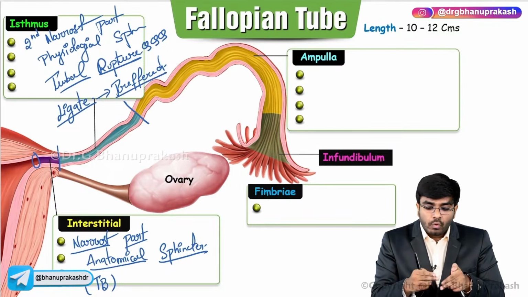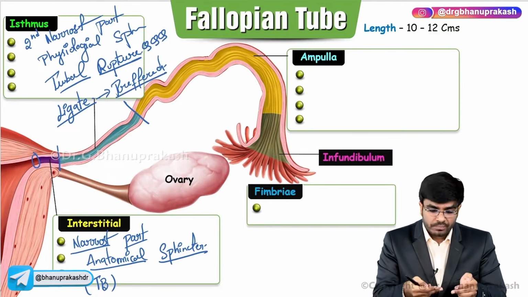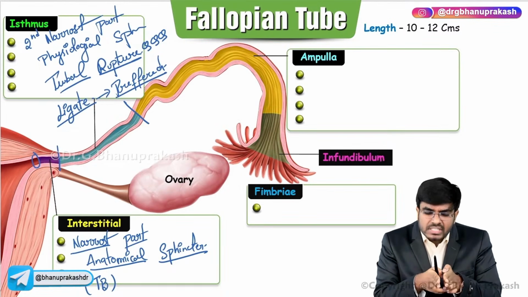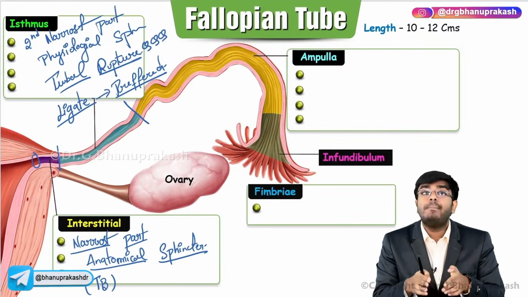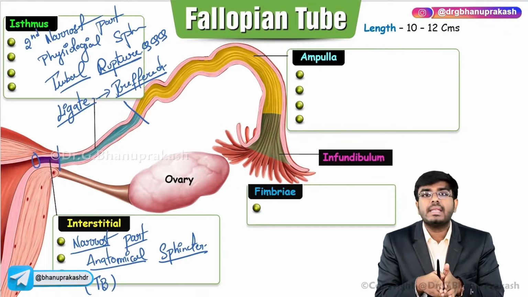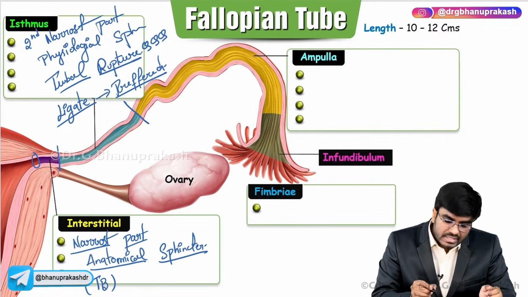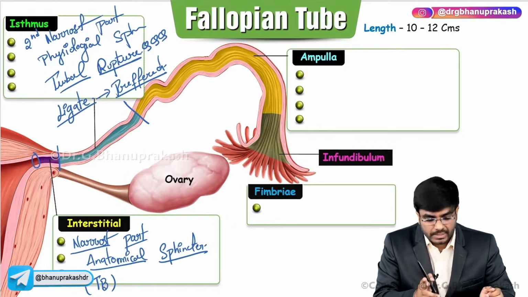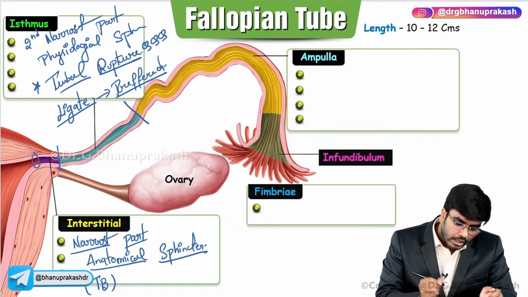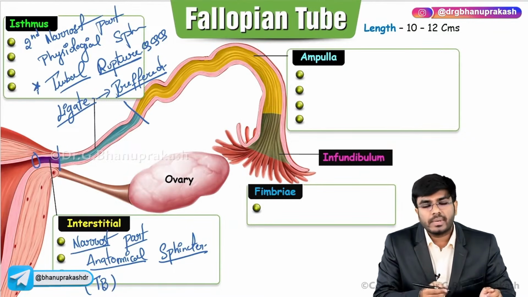Because if you want to re-anastomose in future, if she wants to have children again, isthmic re-anastomosis will have better outcomes. So always give the cut in the area of the isthmus. So the preferred site for tubal ligation is the isthmus, and the isthmus is the most common site where tubal rupture can happen in ectopic pregnancy.